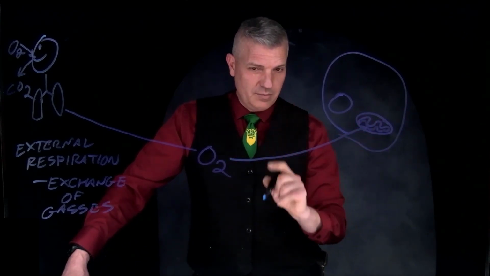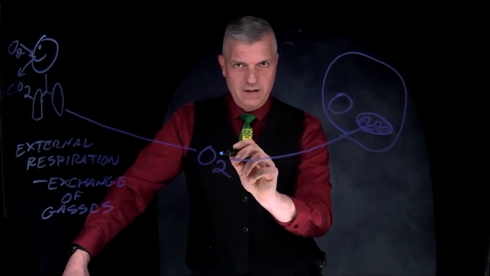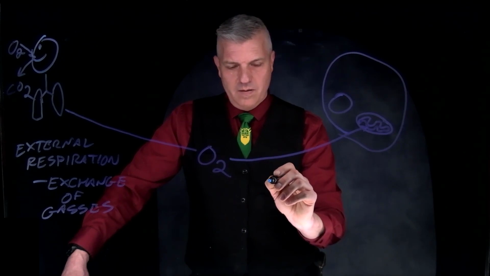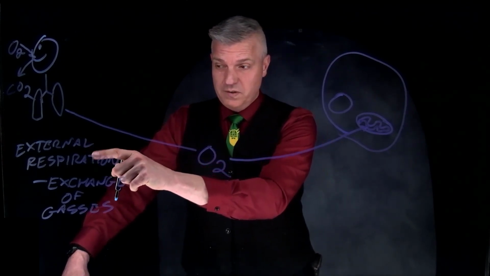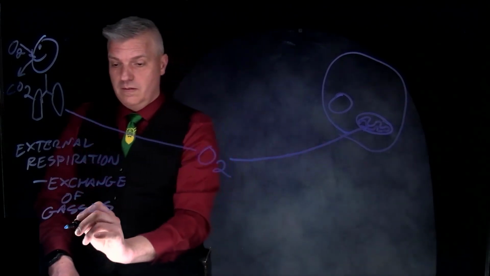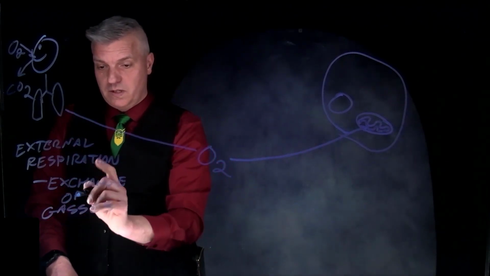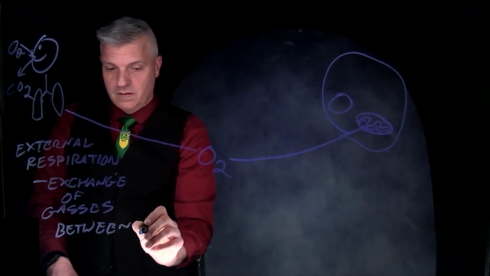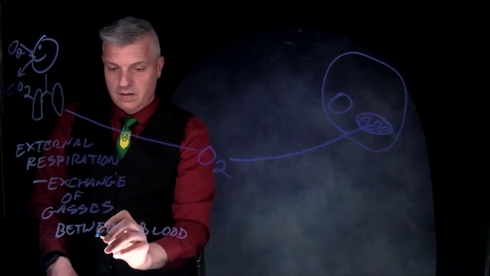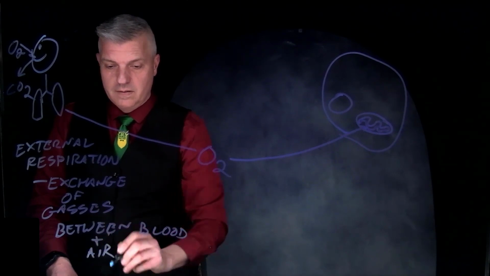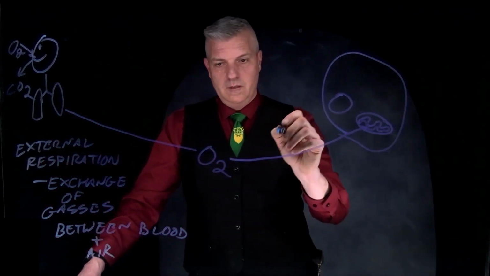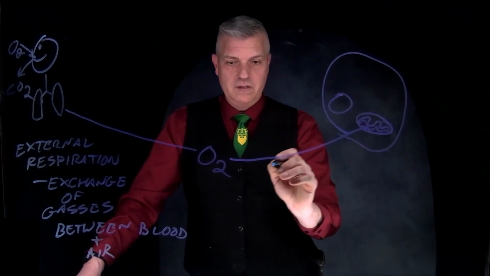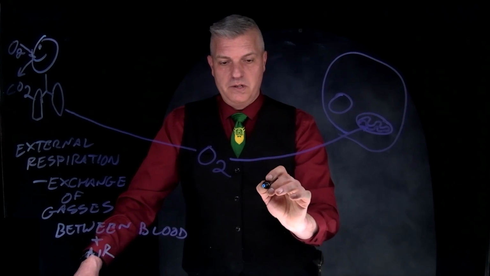And there's something I skipped before we got here, because remember we were in blood over here? There's another term: external respiration, exchange of gases between blood and air, right? Over here, between the blood and the tissue where the cell lives, there's another exchange.